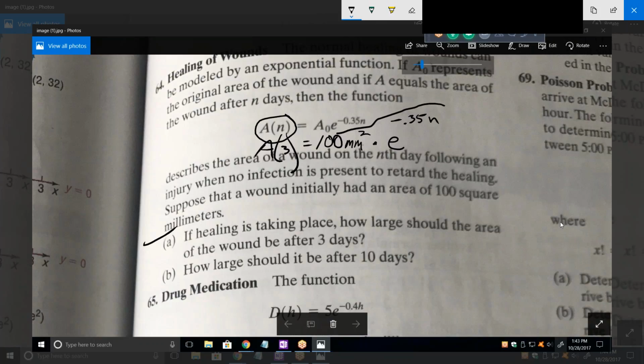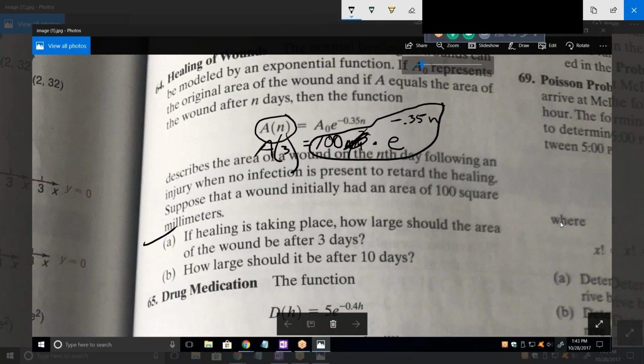So we're not going to need units because our answer is going to come out to be square millimeters. So I don't really need to pay any attention to that, although it's useful to know that our answer isn't in square meters. Certainly wouldn't want a wound that was in square meters, right?